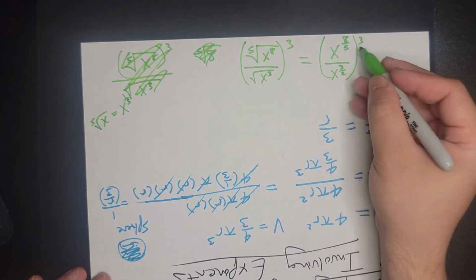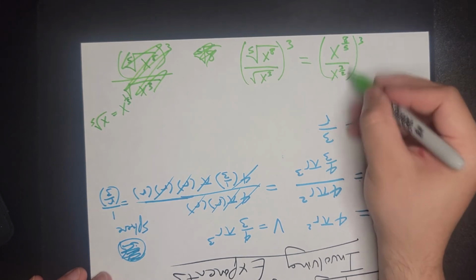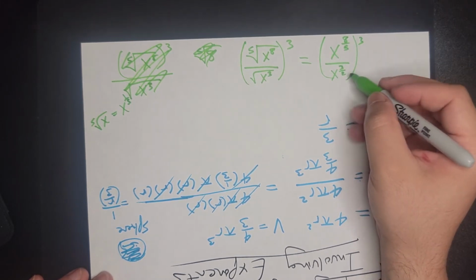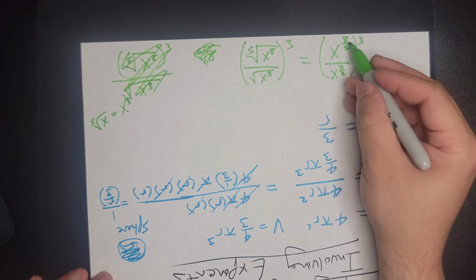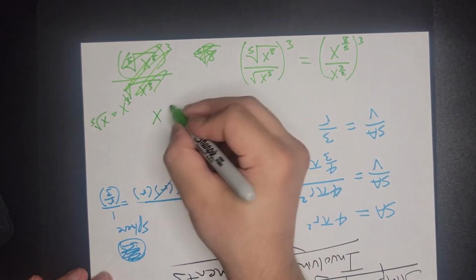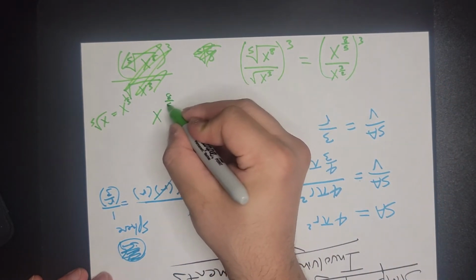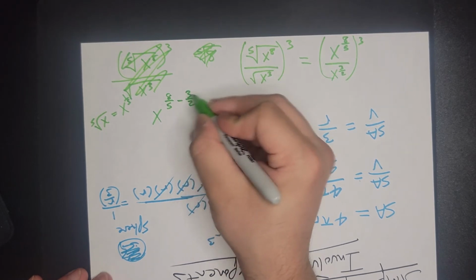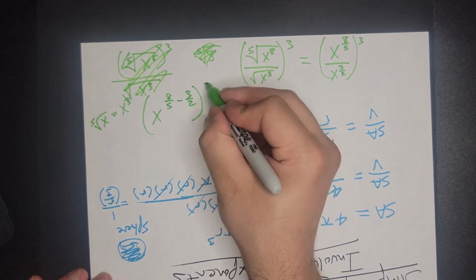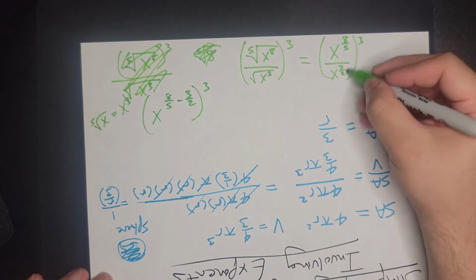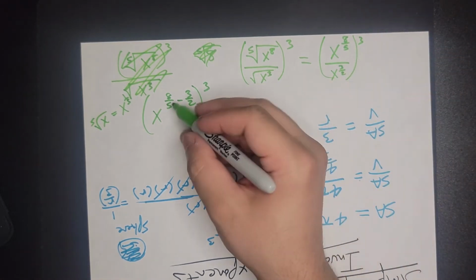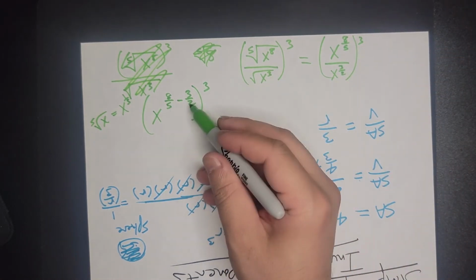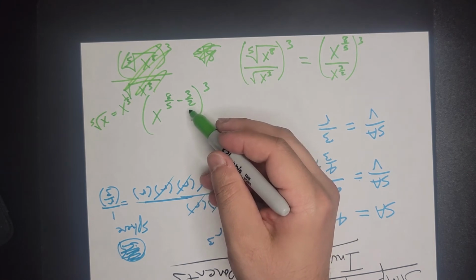So the first thing I can do now is subtract these 8 over 5, because I have a subtraction here. So 8 over 5 minus 3 over 2.